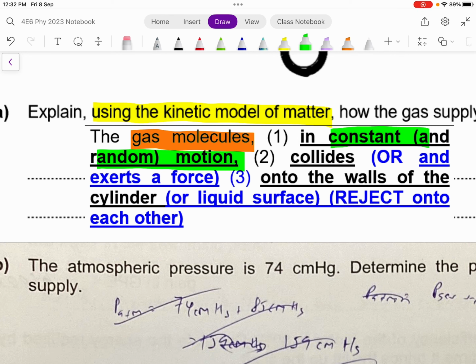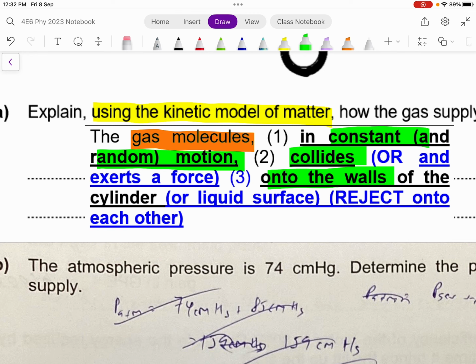We want to find out whether you could articulate how this motion gives rise to gas pressure: because of this motion, the gas molecules will collide onto the wall, therefore exerting a force on the wall.